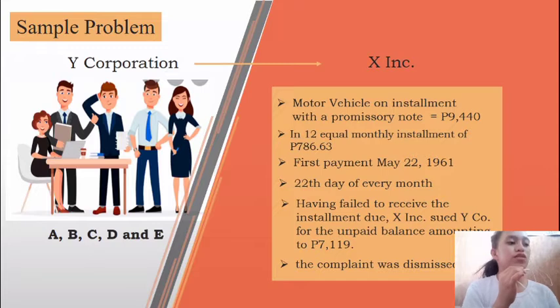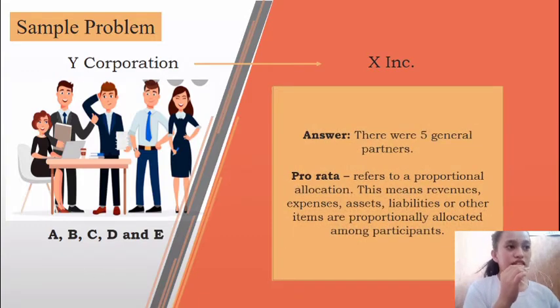But on motion, the complaint was subsequently dismissed because there were 5 general partners, and the promissory note obligation is pro rata, referring to a proportional allocation.